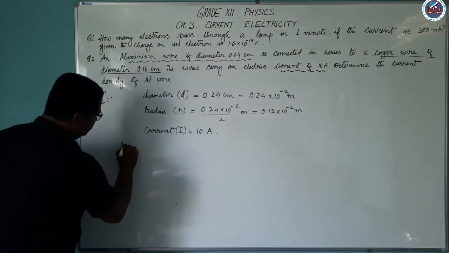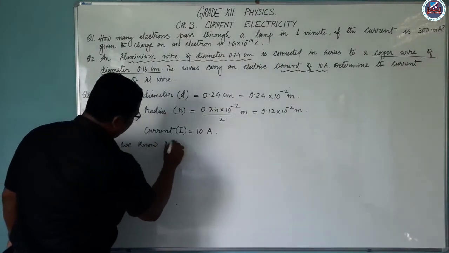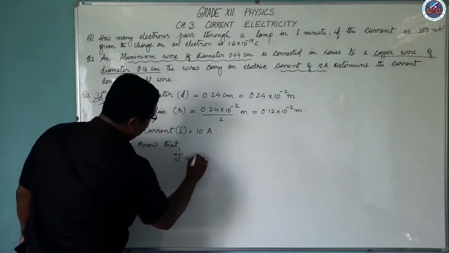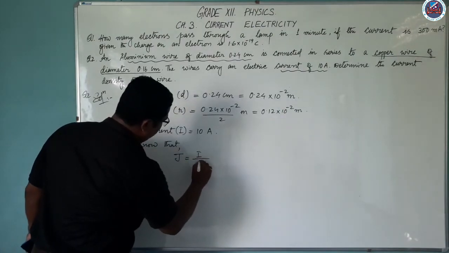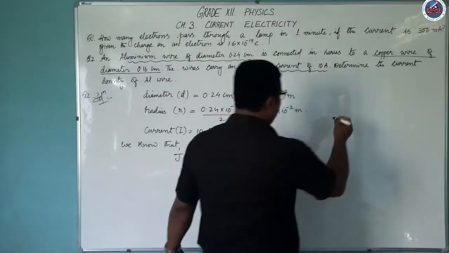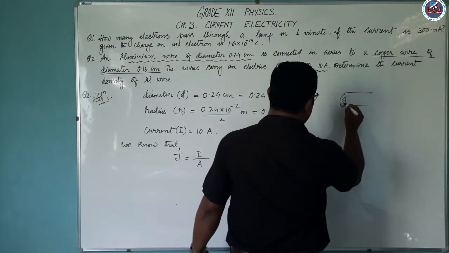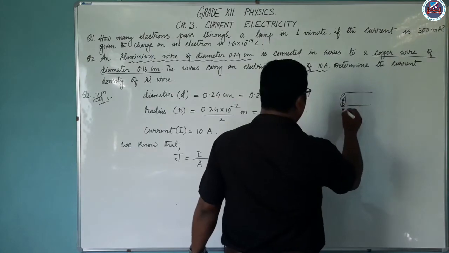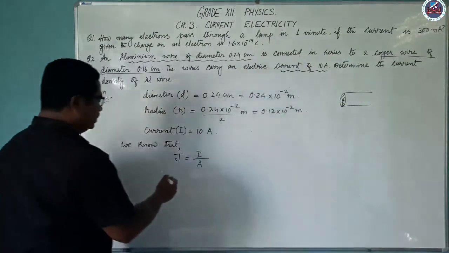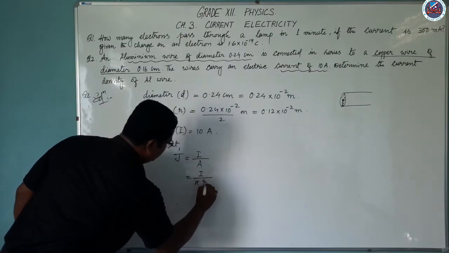So we know that current density J is equal to the amount of current that flows per unit area, and the area of cross section of the wire is given, diameter is given, means it will be circular. This area of cross section is circular. That's why we could find out the radius. So you will apply the formula for area of circle, that is pi r square.